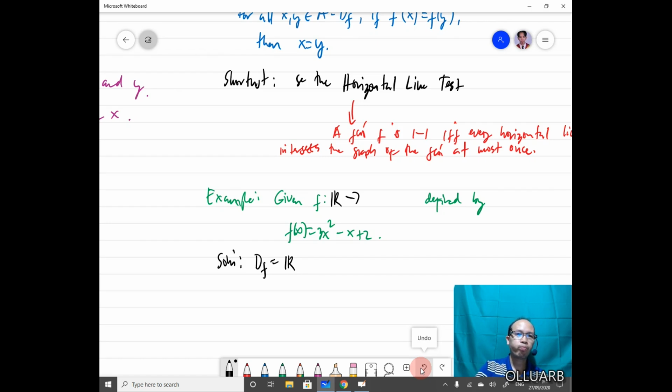No, I guess the range must start from, if I remember it correctly, our range is from, can you look at the graph?